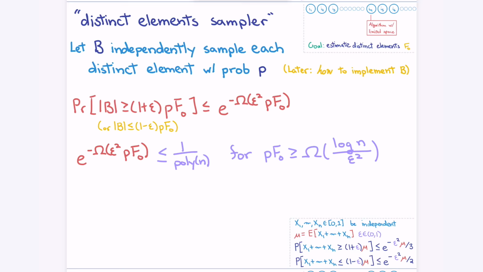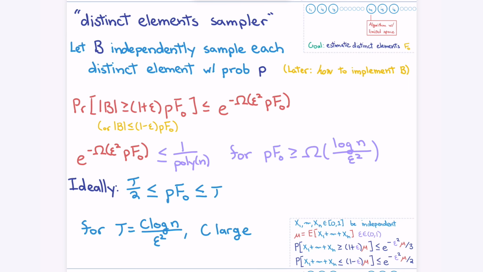Right, that's just to cancel out terms. So ideally, we would like to choose P so that PF0 is roughly log n over epsilon squared. Maybe it's between C log n over epsilon squared and C over 2 log n over epsilon squared for a sufficiently large constant C.